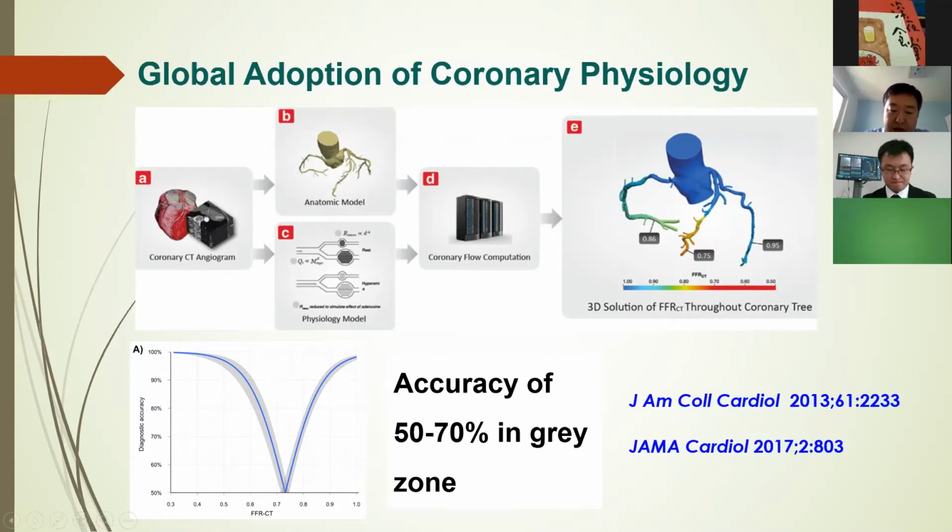If the FFR is larger than 0.75 and smaller than 0.85, the accuracy is not good in comparison with the pressure wire measurements. The accuracy is only 50% to 70%. As we know, 5% is a significant improvement for a device.